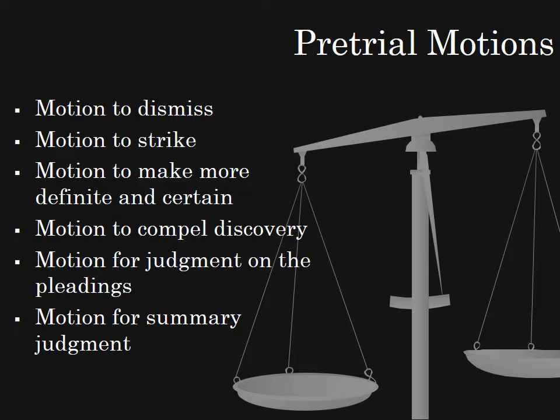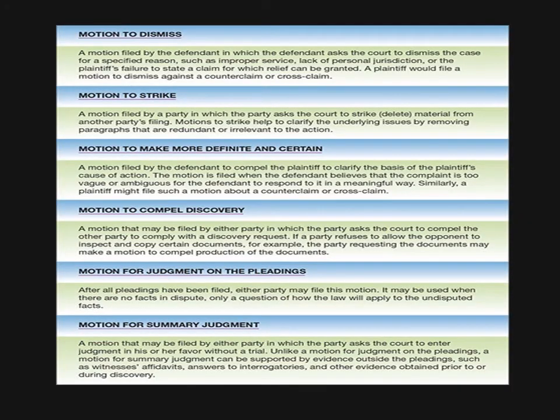And then a motion for summary judgment is going to usually be the last motion before you actually go to trial, where you're asking the judge to, not just on the pleadings, but everything that's been discovered, what information is available, make a decision on the case at that point in time. So there are those motions that you can go through and look at.